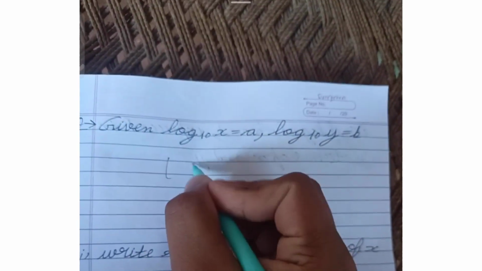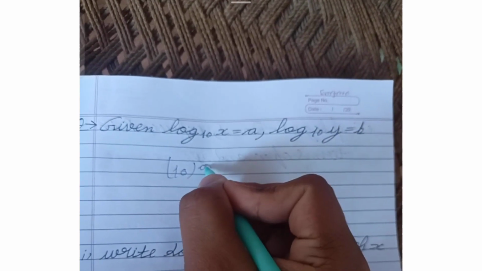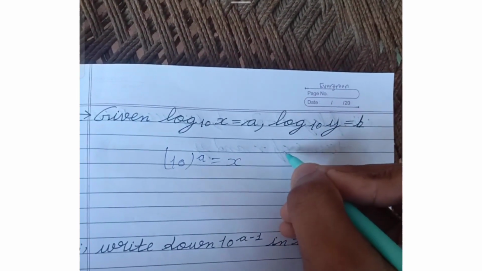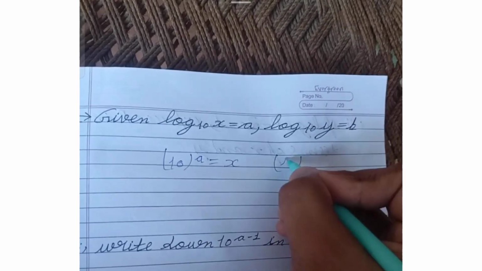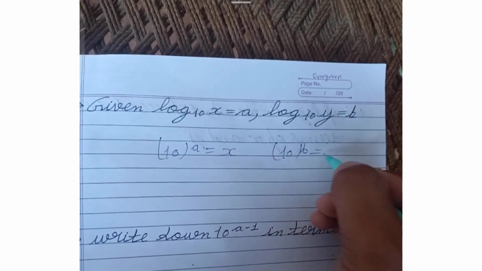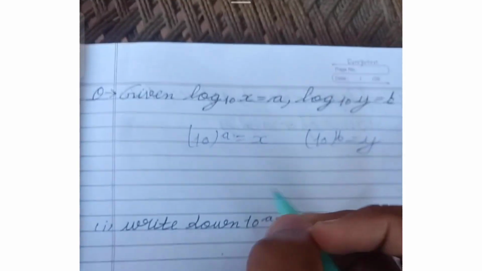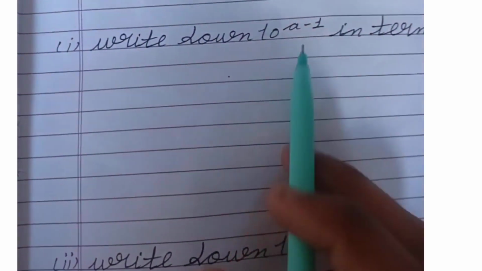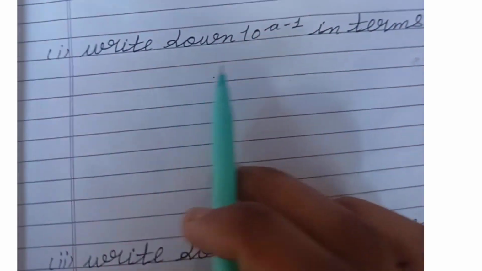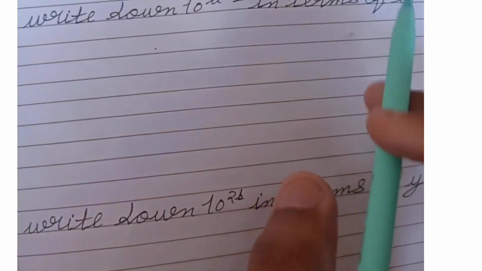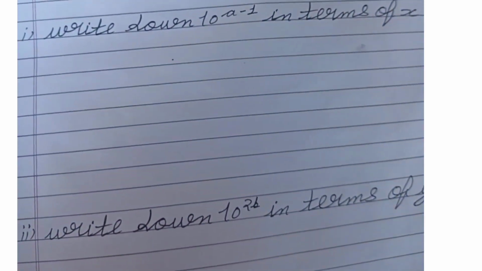Here we take tan a is equal to x, and here tan b is equal to y. Now we have solved them into exponential form. Now we solve its parts.